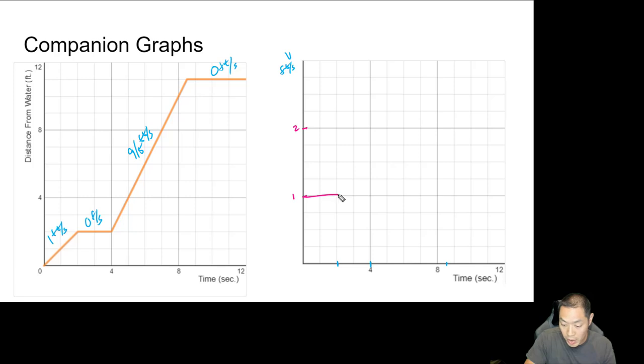So the first one was 1, then it was 0, then it was about 2, and it's right around here. Then it goes all the way to here, and then it went back down to 0. So this is what the turtle did. In real life, this doesn't happen. An object can't change velocity at an instant like this.